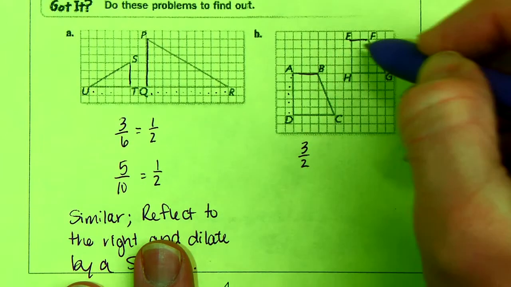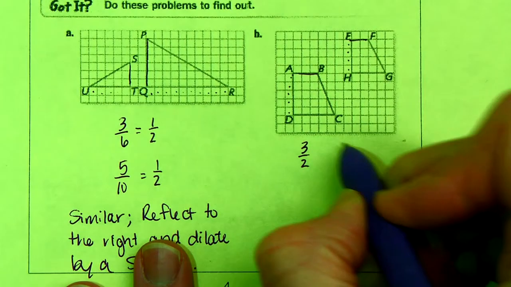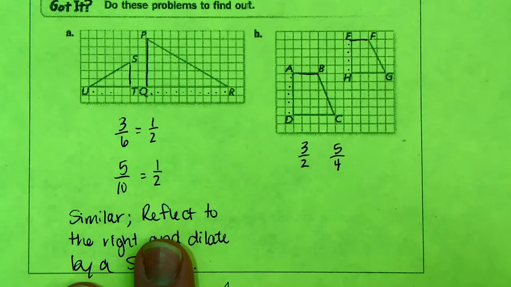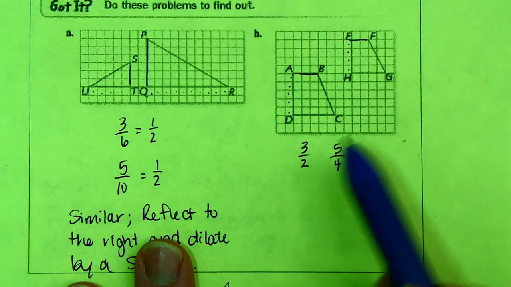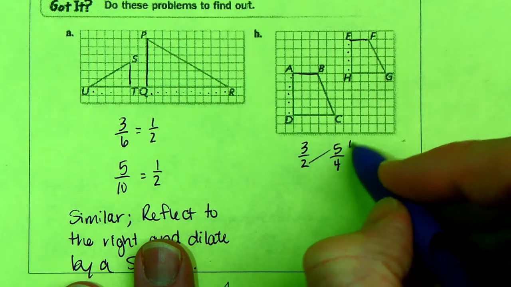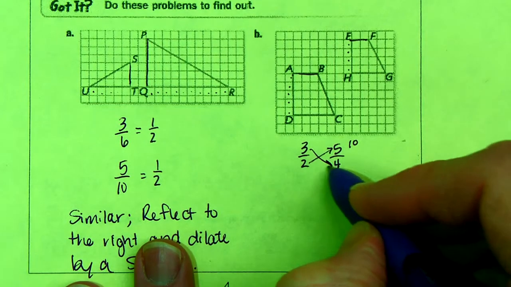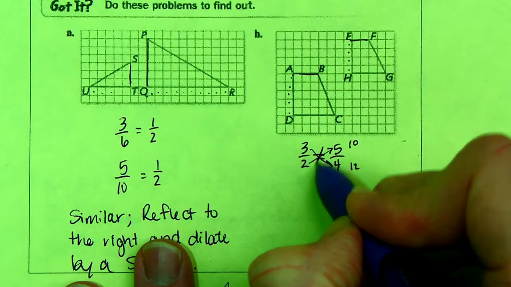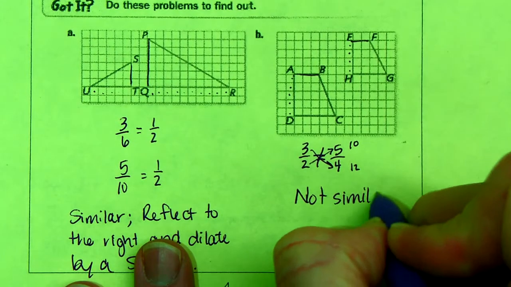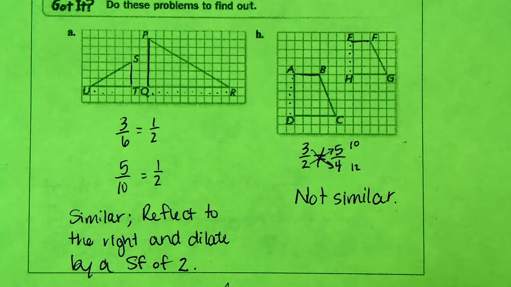And I can stop right there because there is no way those two are equal. Check cross products if you need to, but that's 10 and that's 12. So they are not equal, so not similar. It's that simple. If you wanted to show me that they are not similar, that works just fine with me.